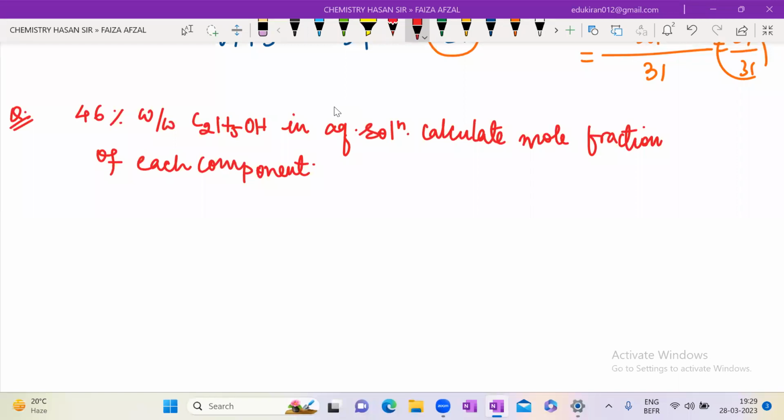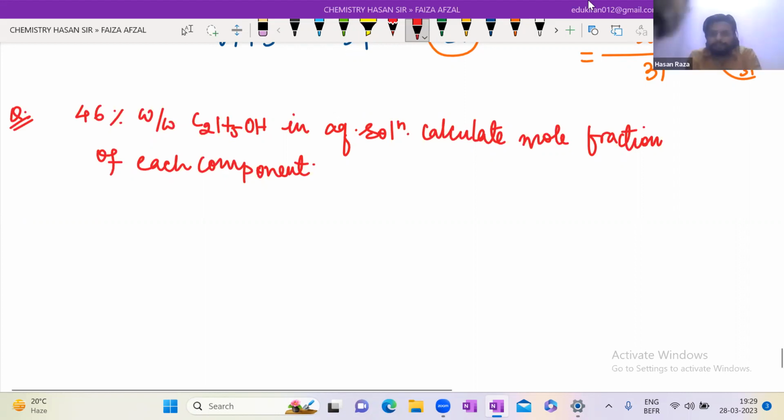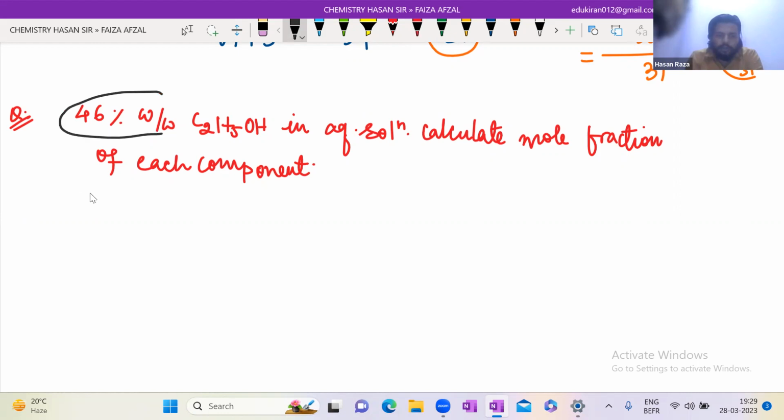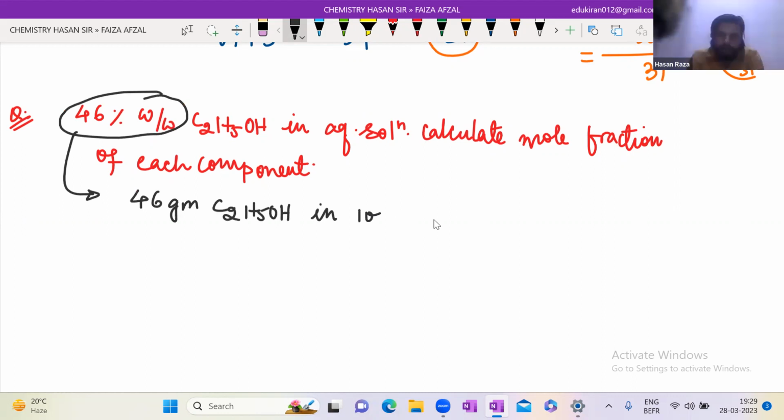The mole fraction of C2H5OH is 0.15. Check it again. It cannot be 0.15. See, 46% weight by weight means 46 grams of C2H5OH in 100 gram of solution.